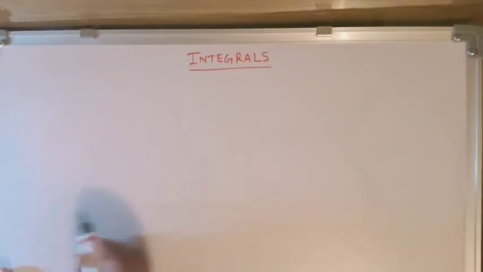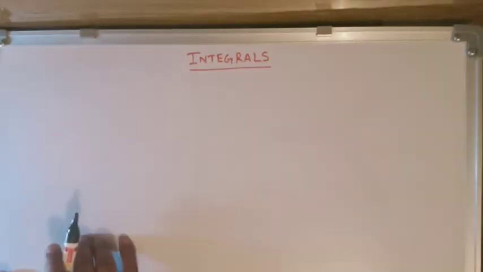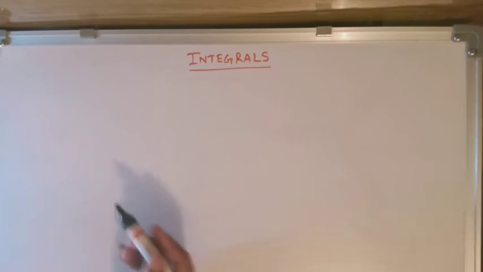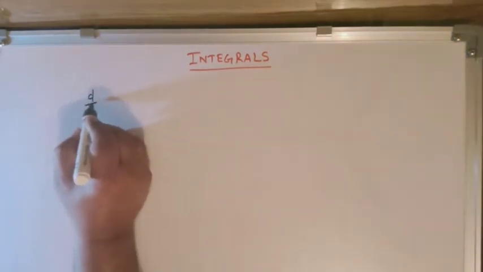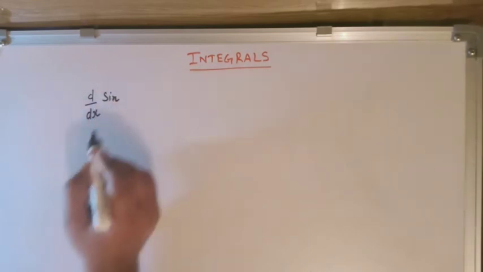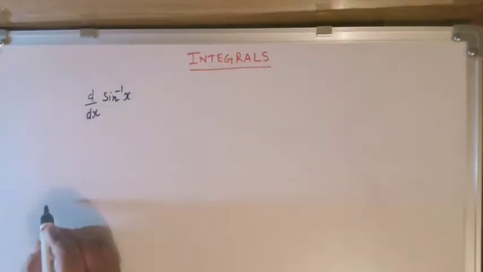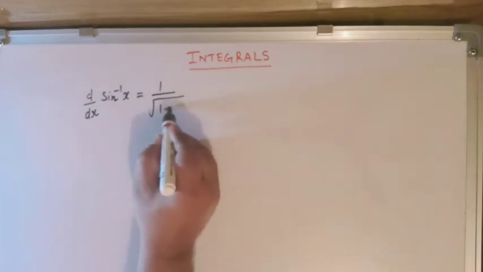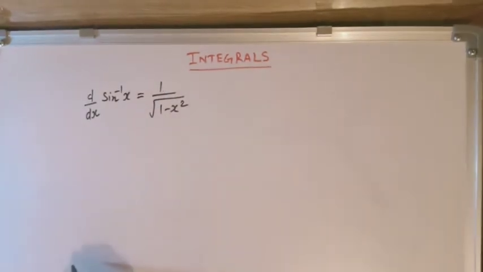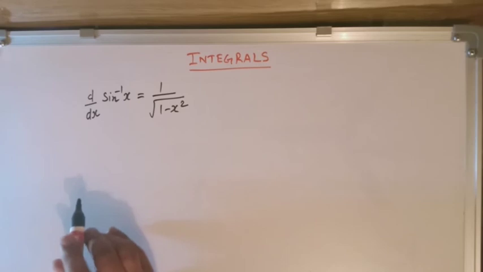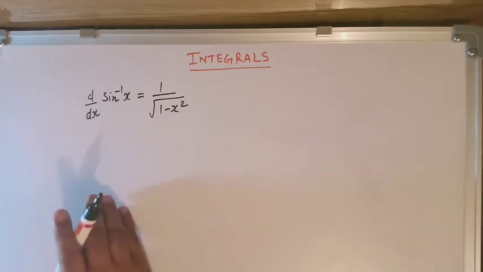Now viewers, let us take the integrals of inverse trigonometric functions. We have already seen that the derivative of sine inverse x is 1 divided by the square root of 1 minus x square. Clear? Now by using the definition of integration, integration is the inverse process of differentiation.